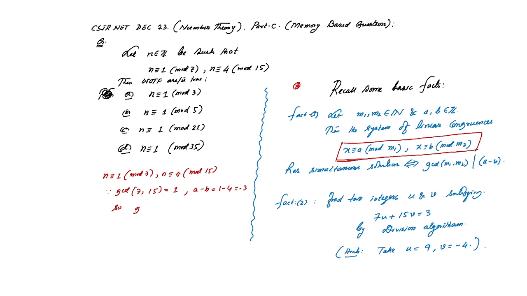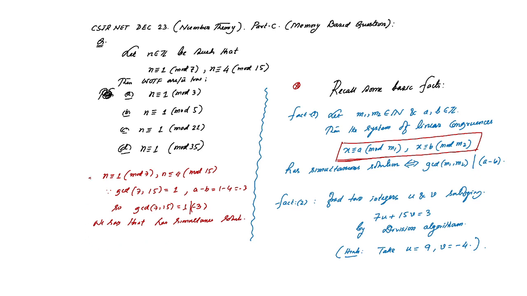So the GCD of 7 and 15, which is 1, divides minus 3, and hence the system of linear congruences has a simultaneous solution.